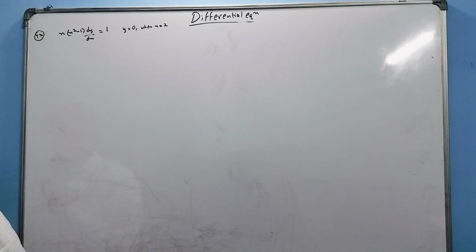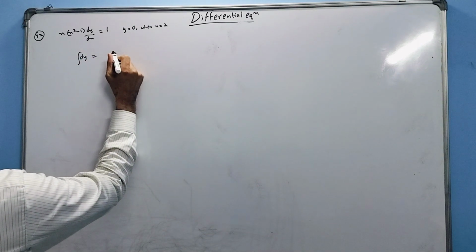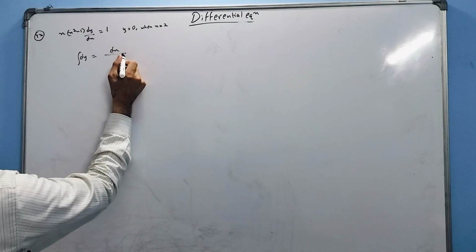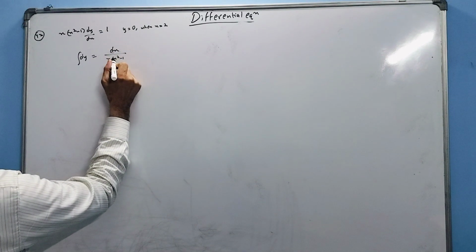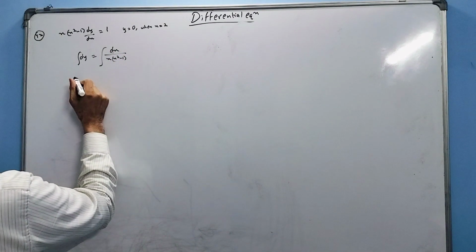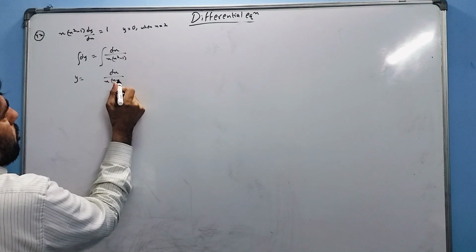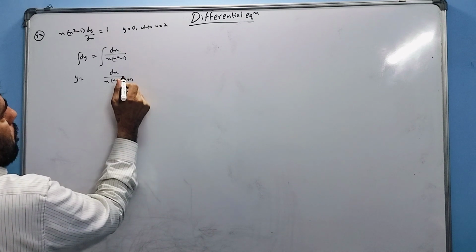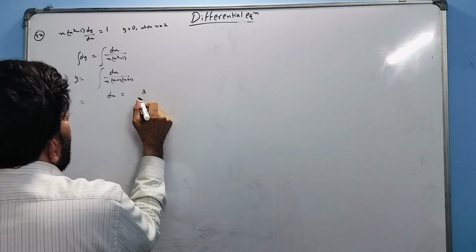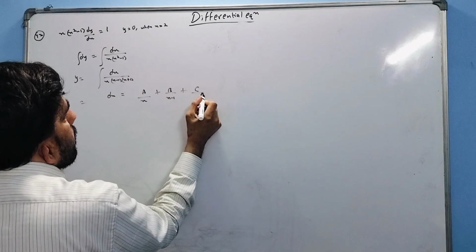How can we solve? dy is equal to dx upon x square minus 1. So now how can we solve this? We can take (x minus 1)(x plus 1). So we have dx upon x square minus 1 is equal to a upon x minus 1 plus b upon x plus 1 plus c upon x plus 1.